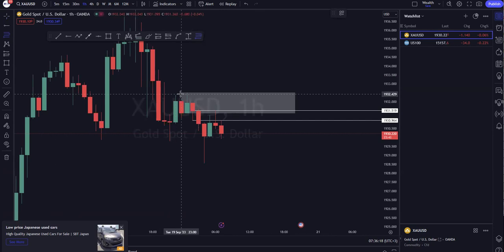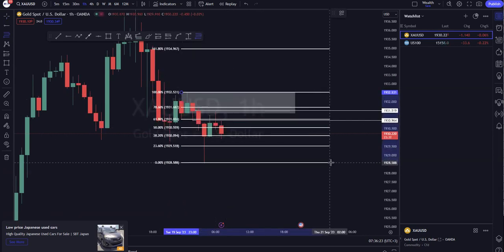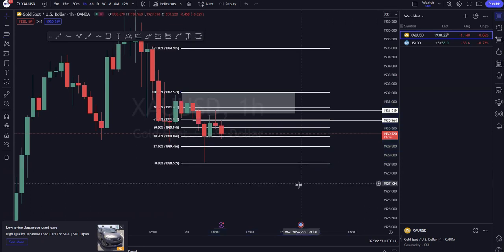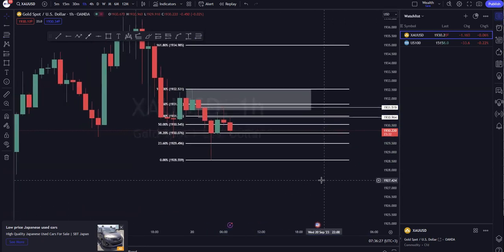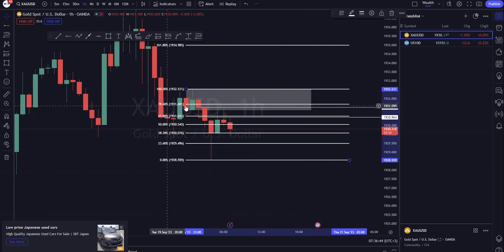So here we go. I'll drag it from there down to this level. And here is the reason. The market came and bounced at the 78.60 level on the Fibonacci retracement, almost there.